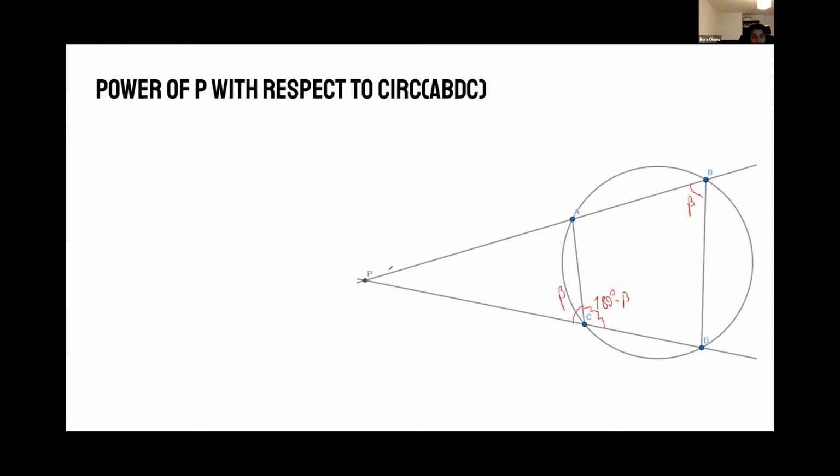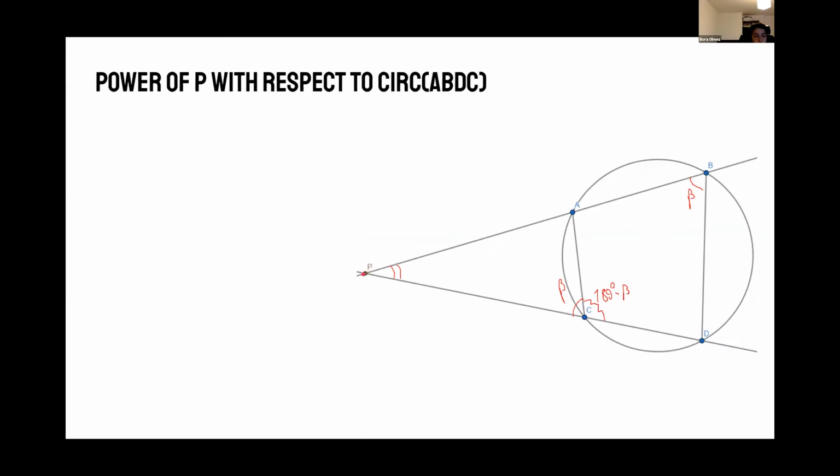And this angle is shared in both triangles APC and BPD, therefore triangle PAC is similar to triangle PDB, as they share two angles. Now we write as a ratio, so PA over PC is equal to PD over PB, and multiplying both sides by PB and PC, we get that PA times PB equals PC times PD.